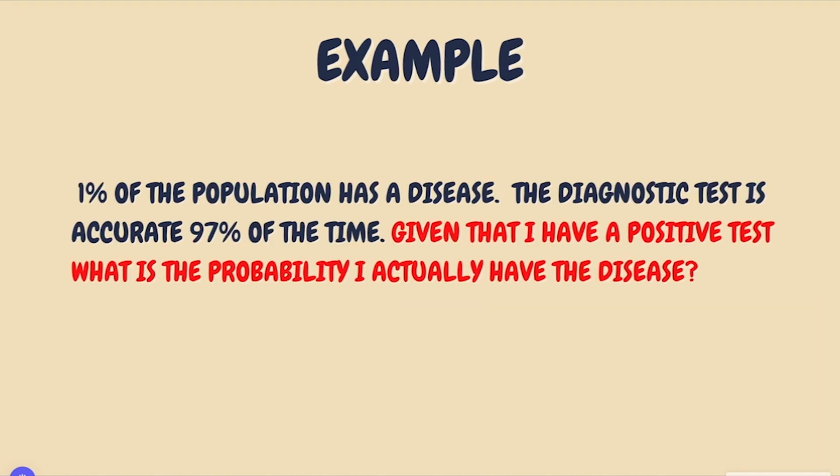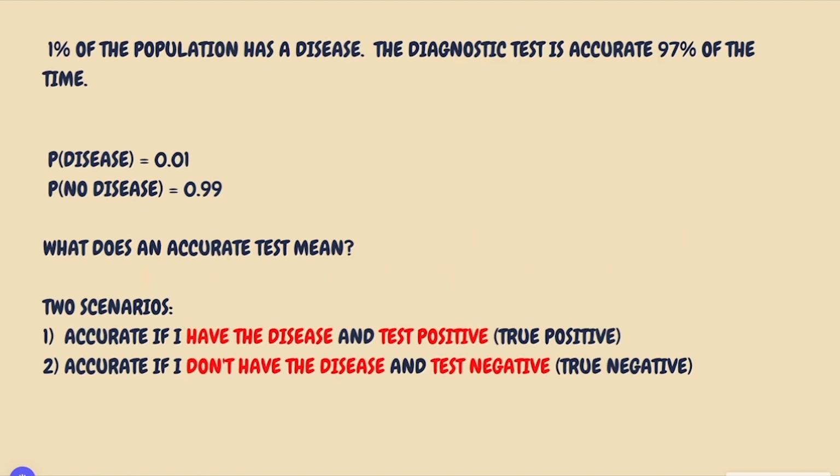So 1% of the population has a disease. That is the prior knowledge that I'm giving you. The diagnostic test is accurate 97% of the time. Given that I have a positive test, what is the probability I actually have the disease? That keyword given means that we're working with that conditional probability.